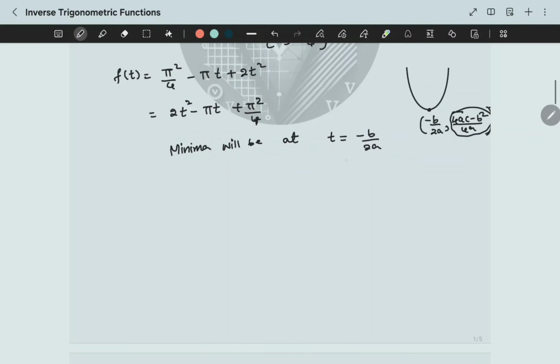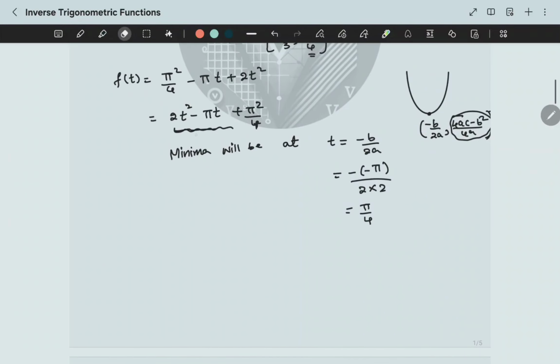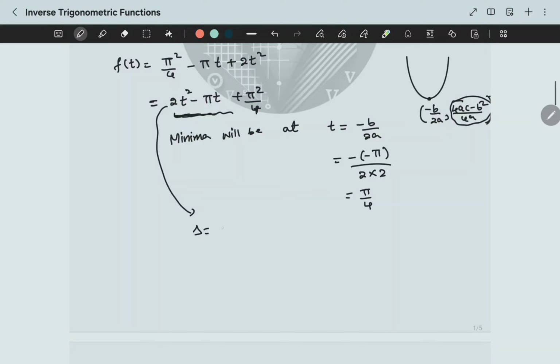Here b is minus pi and a is 2, so we get pi divided by 4. Let us now find the discriminant of this quadratic equation. The discriminant delta is b square minus 4ac, so we get pi square minus 2 pi square, which is less than 0.